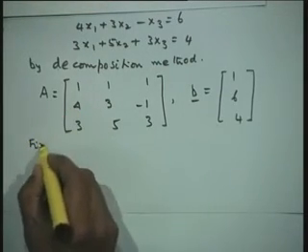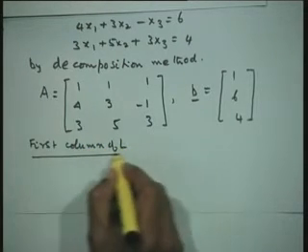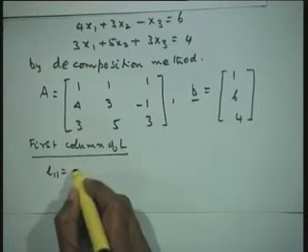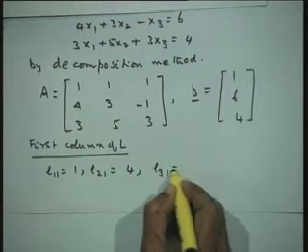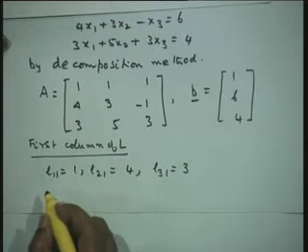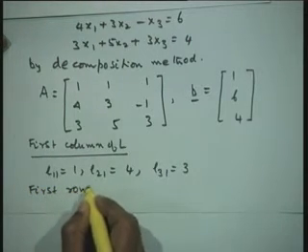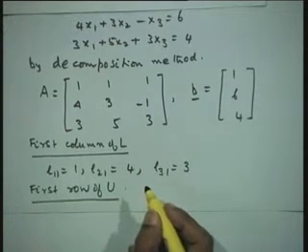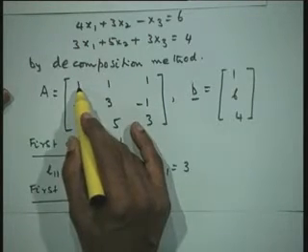So, we will go by the first column of L, which is the same as the first column of A. Therefore, L11 is 1, L21 is 4, L31 is equal to 3. Then I can get the first row of U. The first row of U, we said, is the elements of A divided by the pivot.